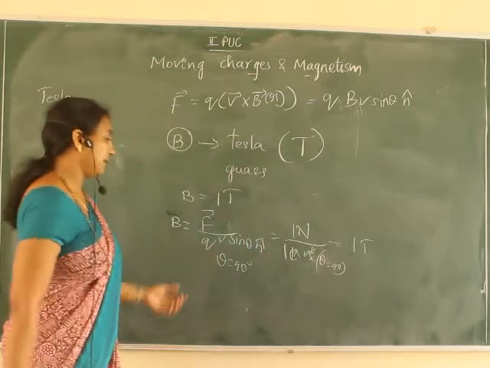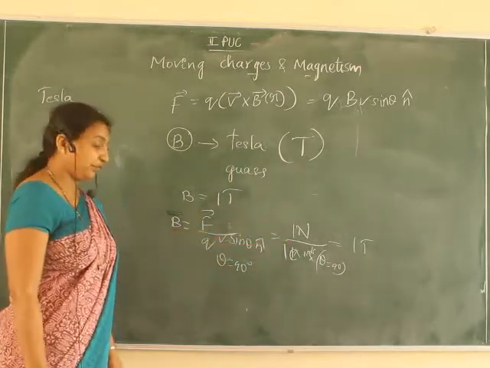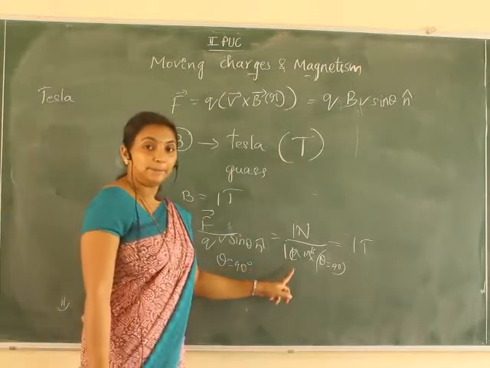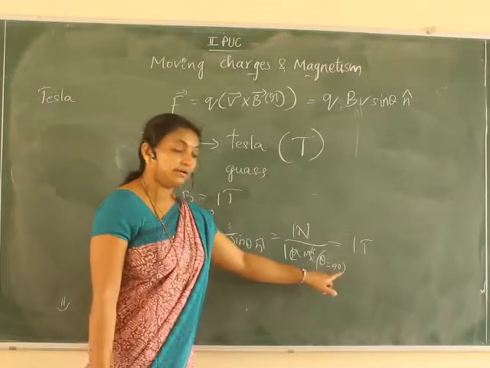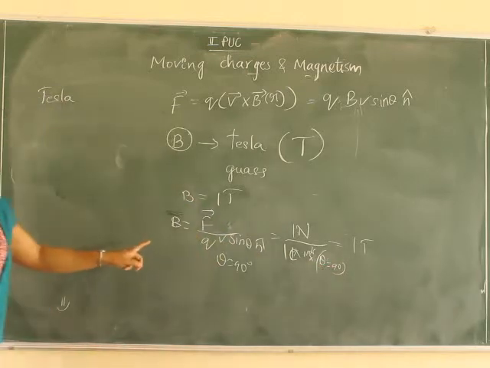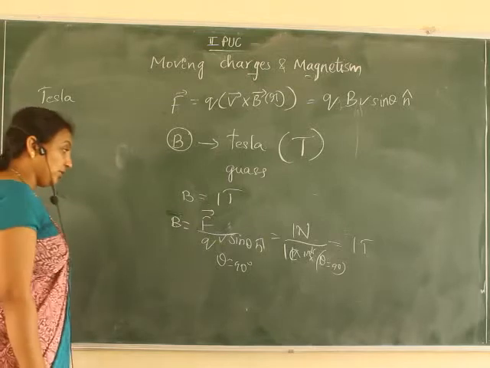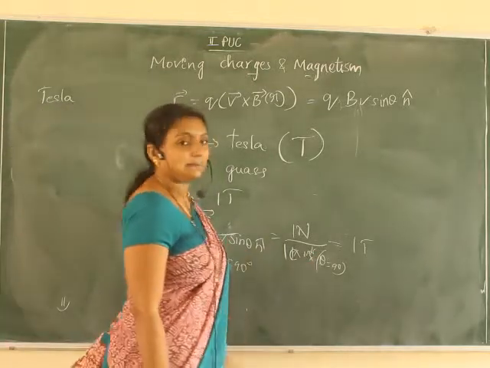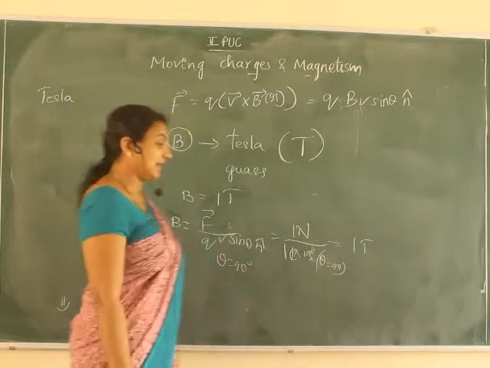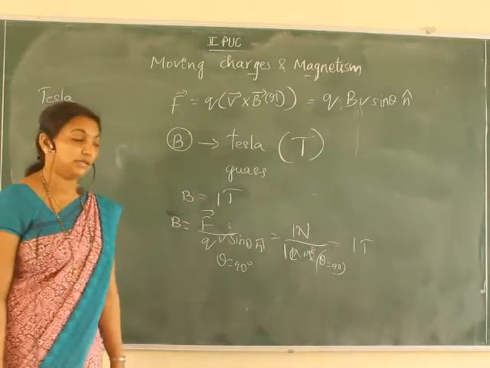Correct? See here, magnetic field is said to be 1 Tesla if the force acting on the unit charge placed perpendicular to the magnetic field with a speed of 1 meter per second is 1 Newton.